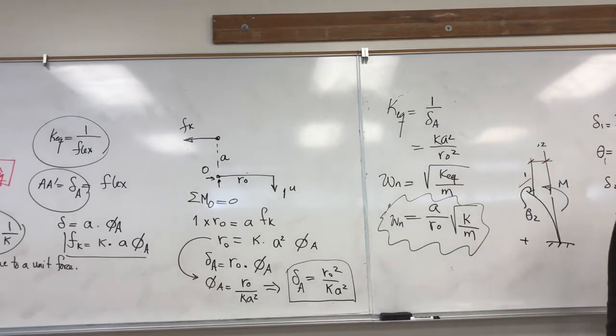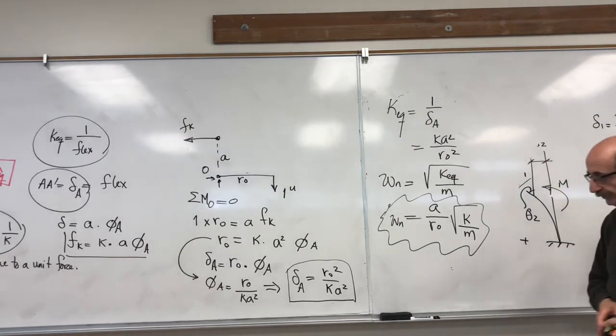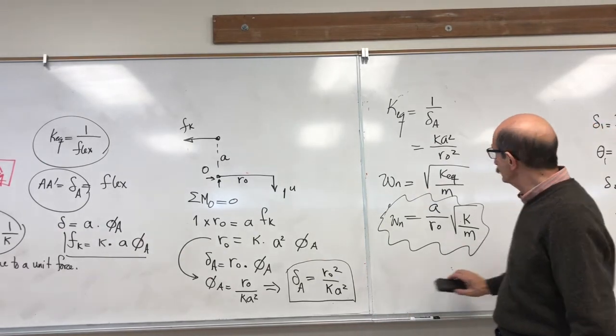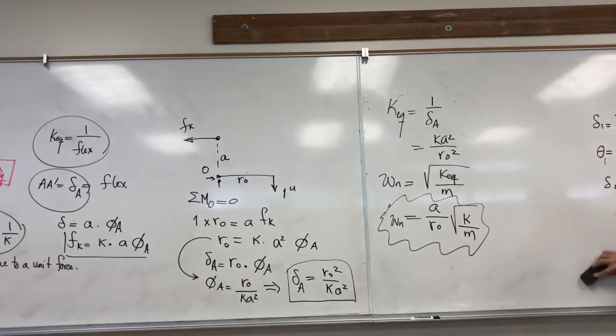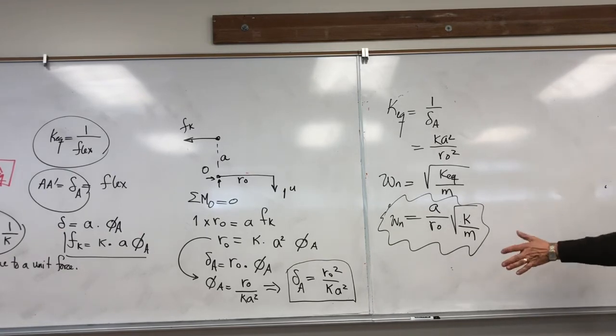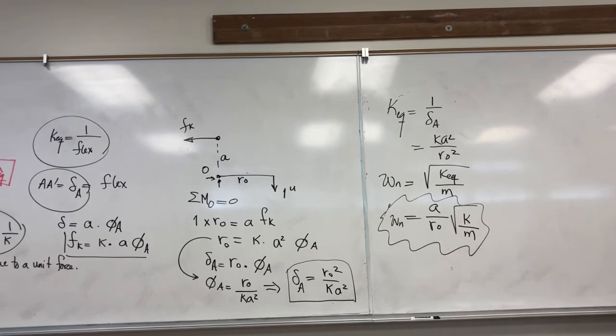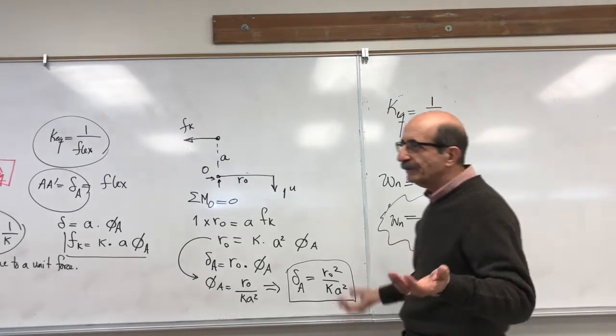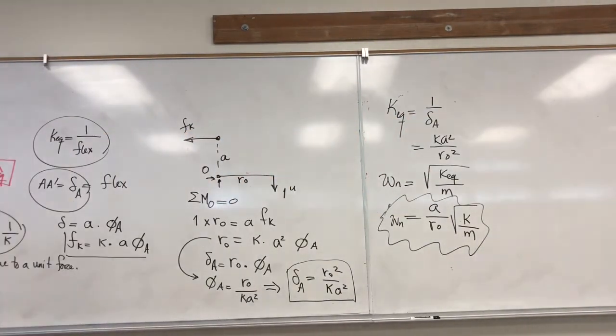Okay. So you can see the power of the structural analysis approach, which is very simple, no concept that you can say that you've not had. You've had statics, you've had the strength of materials, and you know the concept of springs in parallel, springs in series.